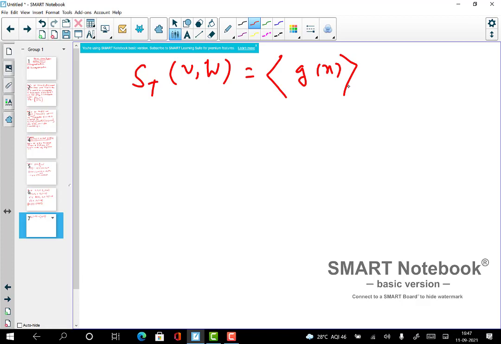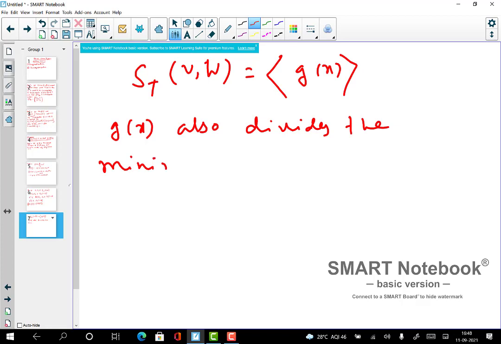And what is the importance of this g(x)? Sometimes this g(x) is also called the T-conductor by the same name. But the important thing is that this g(x) always divides the minimal polynomial for T. Why?